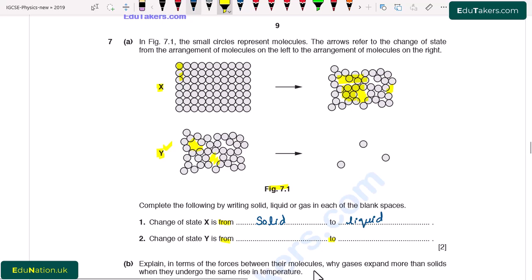So I write here liquid. Now we can see this system that there are small number of particles and these are very very large distance apart from each other, and there are very small attractive forces between these molecules. And this system is basically for gas. I write here gas.